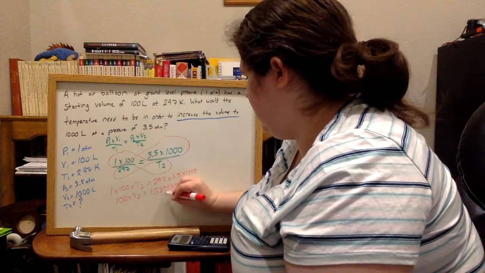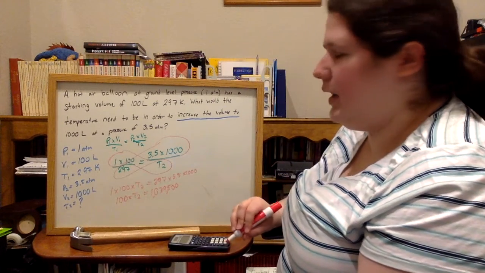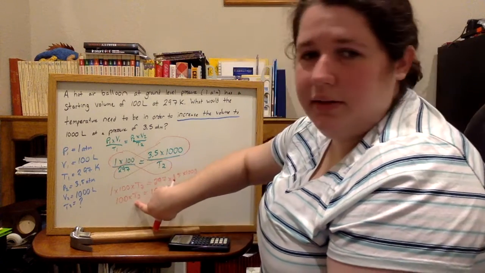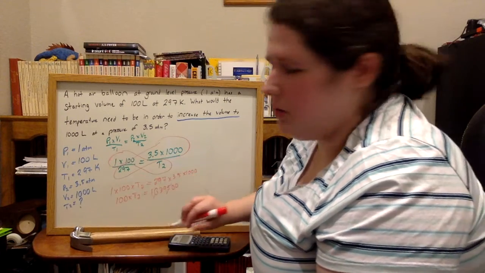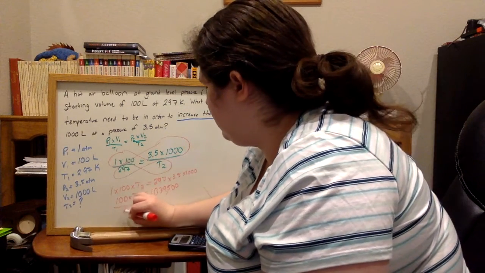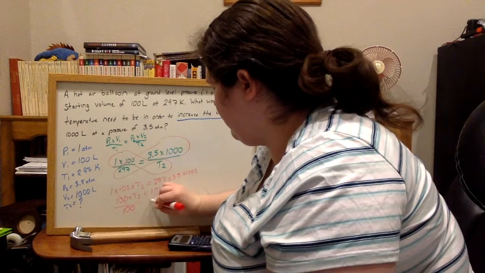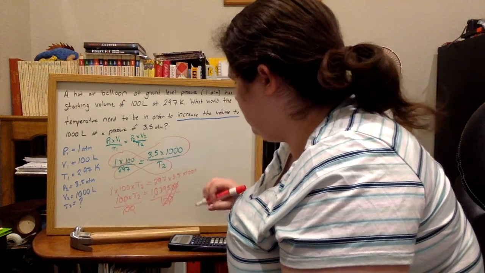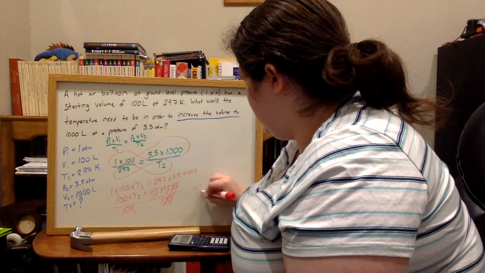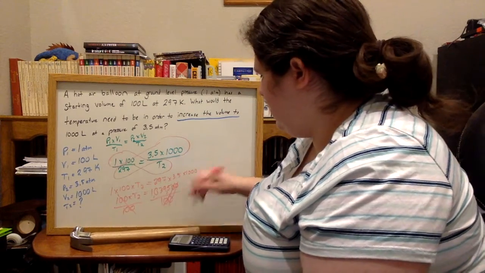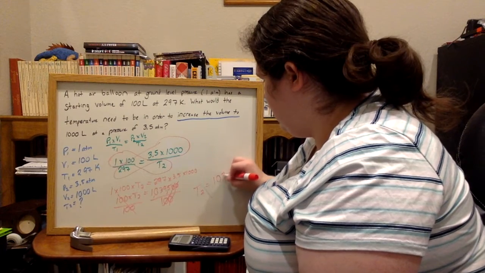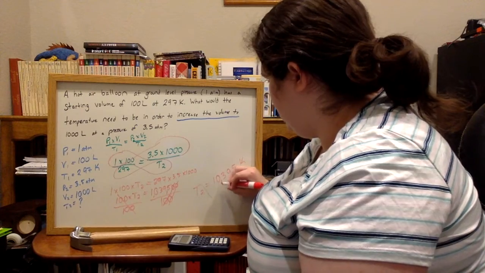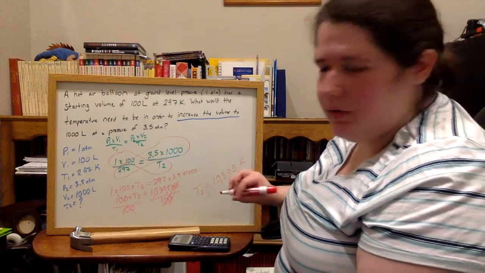We want to get T2 by itself, so we're going to divide both sides by 100, which just gets rid of those two zeros. So my T2 value is 10,395 Kelvin.